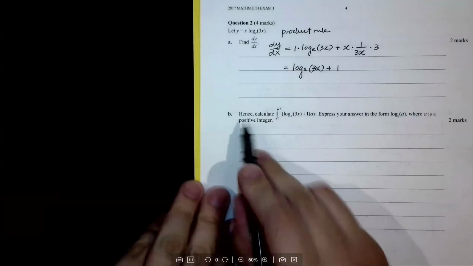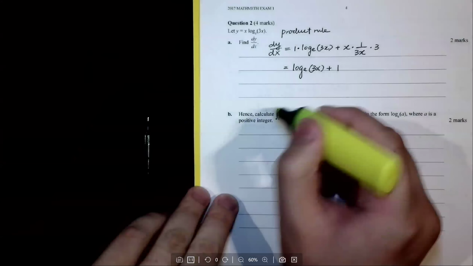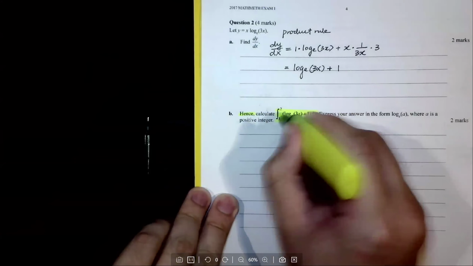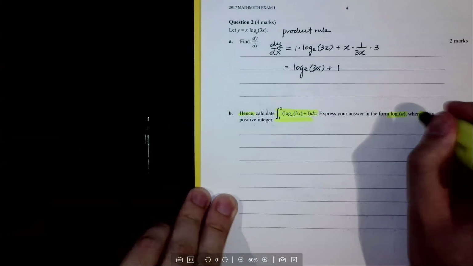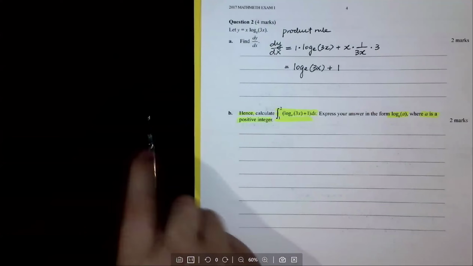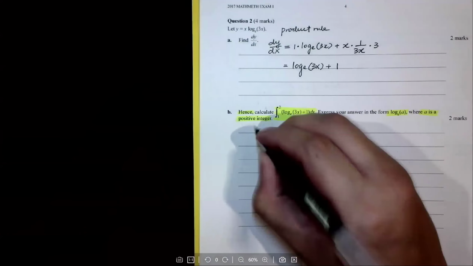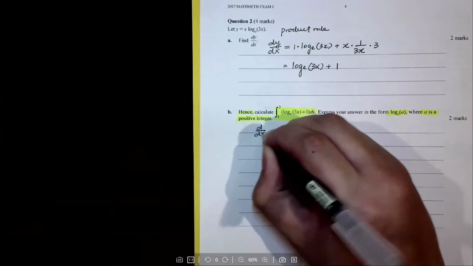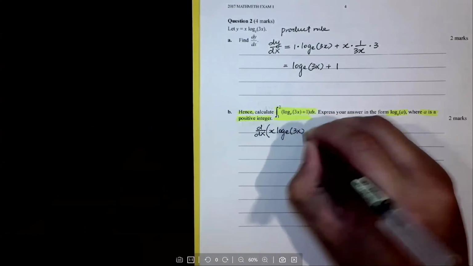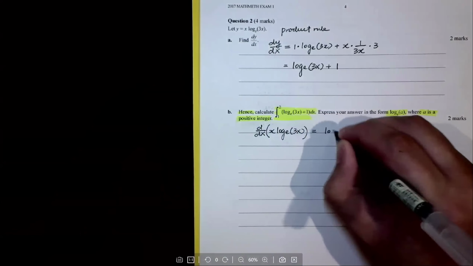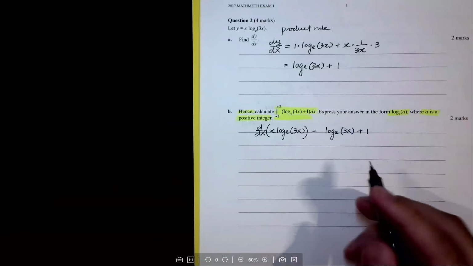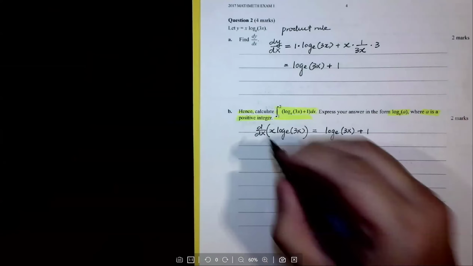And the question says, hence evaluate the integral from 1 to 2 of log e 3x plus 1, and express your answer in the form log e a, where a is a positive integer. So you're going to use your part a. For example, you notice, if I write that in explicit form, d dx of x log e of 3x is equal to log e of 3x plus 1. Then I can undo the differentiation by integrating both sides.